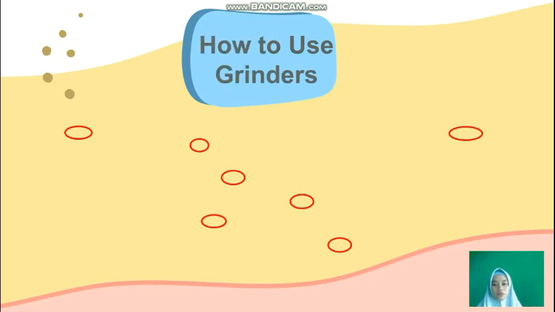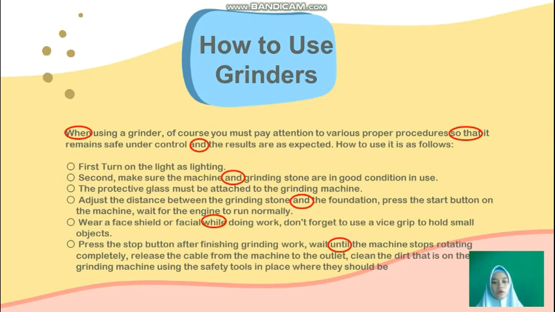How to use grinders? When using a grinder, of course, we must pay attention to various proper procedures so that it remains safe and under control, and the results are as expected. How to use it is as follows. First, turn on the light as lighting.